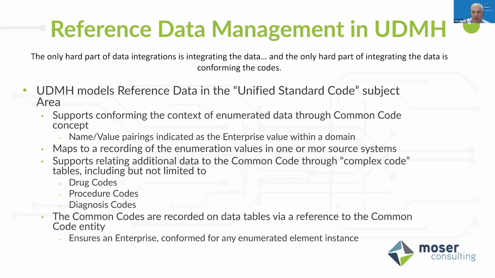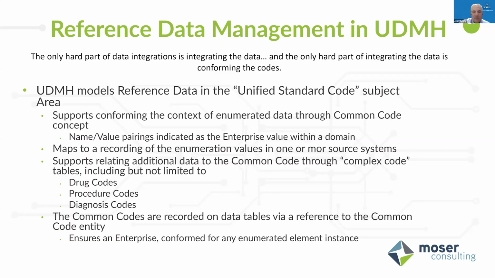That's my enterprise common code. That's my unified standard code. There's a tenant common code table that links to the domain. So I know it's still an encounter status domain table that has a bridge table to the common code table. So the Cerner value of X means X in my common code table, as does the Epic Y, which happens to translate into what I want X to be in my enterprise. So there's a bridge table between the tenant set of codes and the common set of codes.